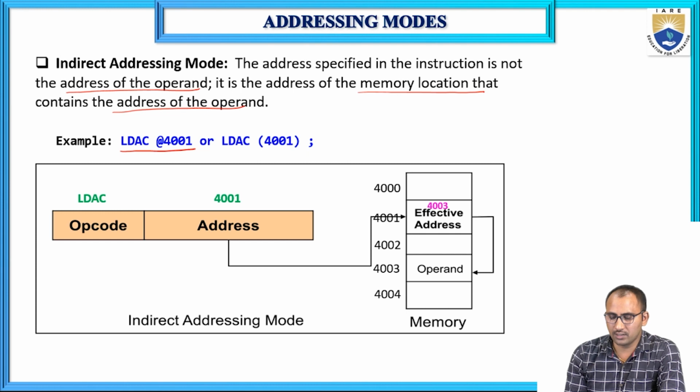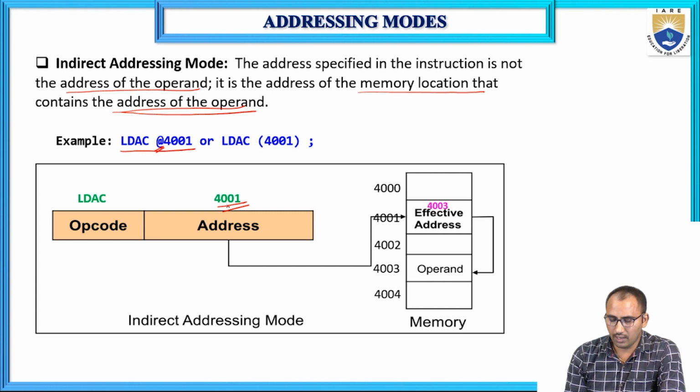The address we can specify with the @ symbol, or we can specify 4001 directly. What is the address here? 4001. But this is not the effective address of the operand. It is the address of the memory location that contains the address of the operand.